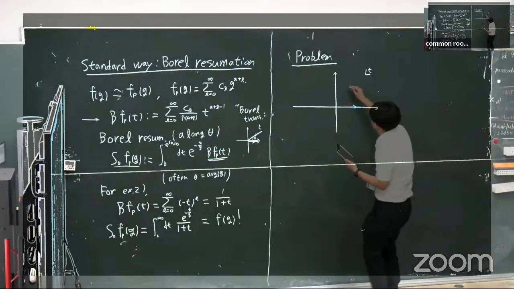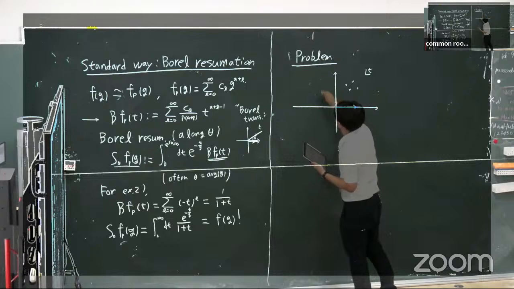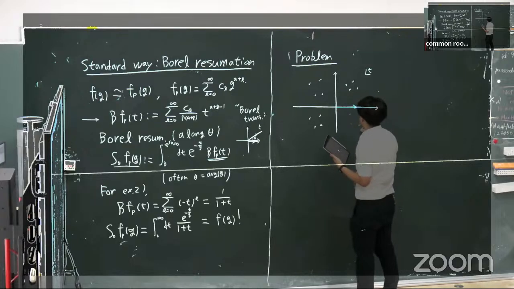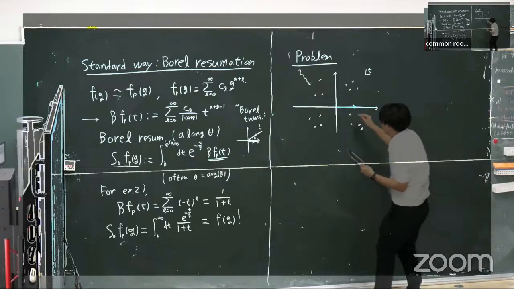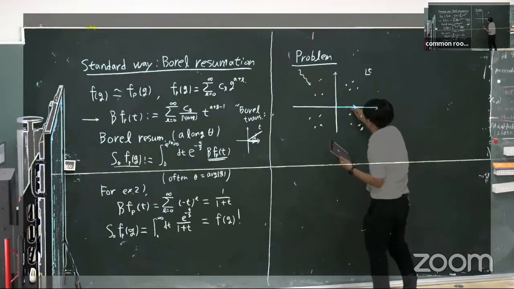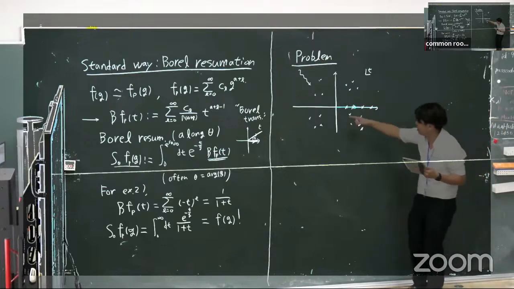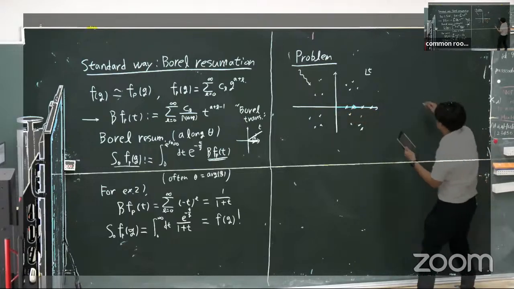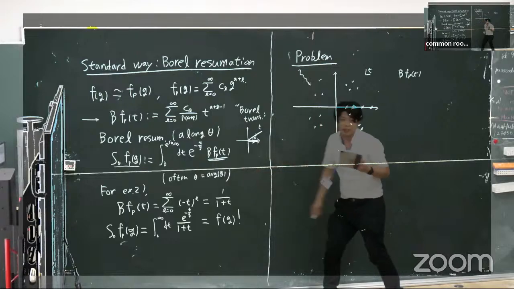In general, the Borel transformation has singularities in the complex plane. Sometimes these are poles, sometimes they are branch cuts. And also, usually in physics problems, the Borel transformation has a singularity along the integral contour where we want to perform the Laplace transformation. In that case, the integral becomes ill-defined.